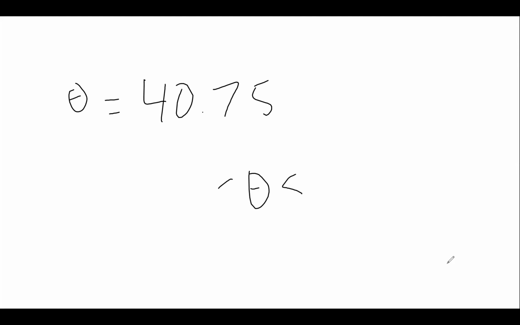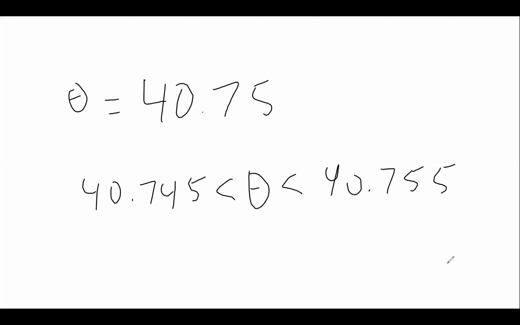Okay, so if I report the answer as 40.75, what that means is that I am confident that the real answer is somewhere between 40.745 and 40.755. That's what it means if I report it to that level of precision.